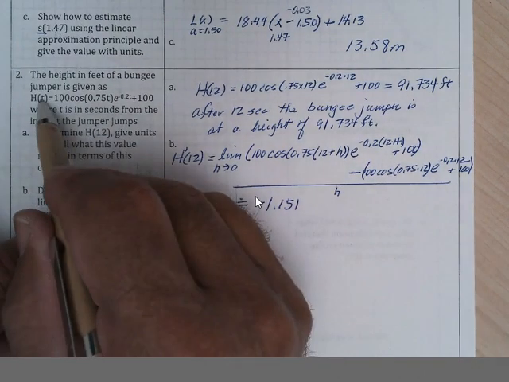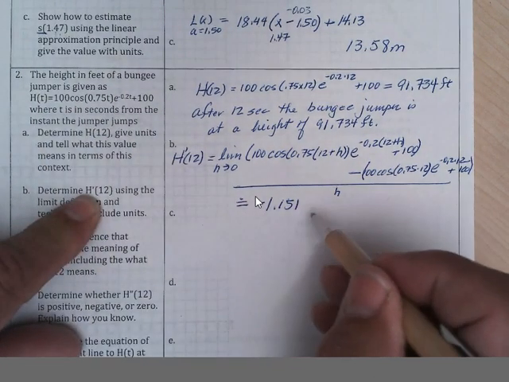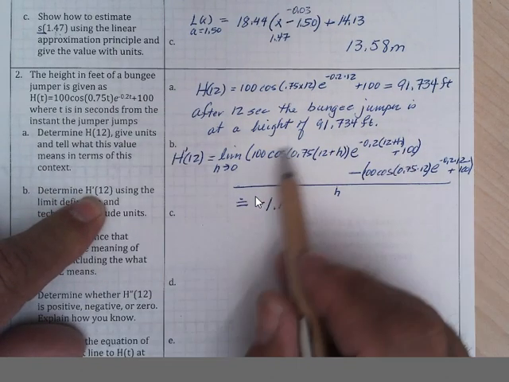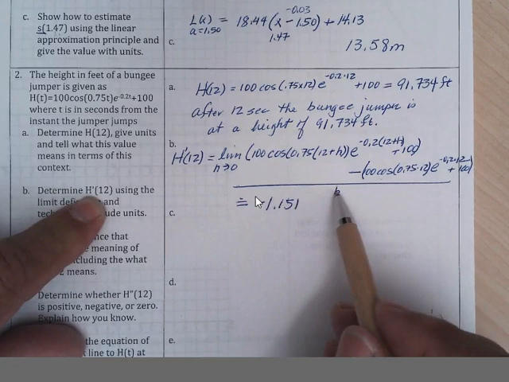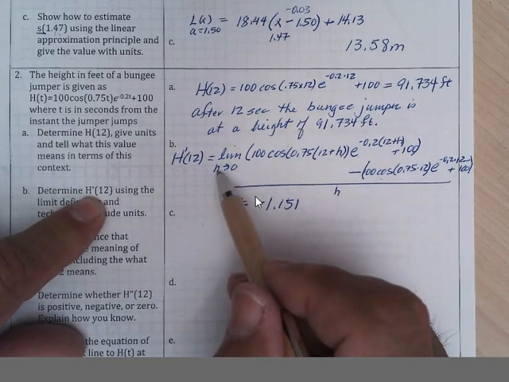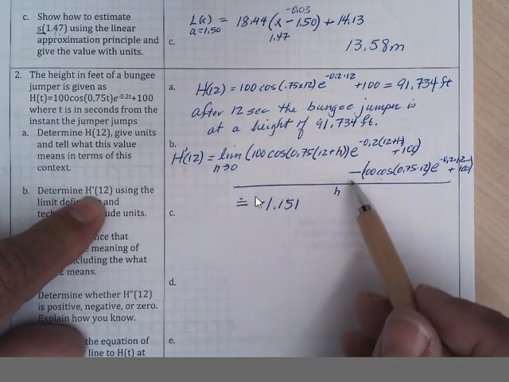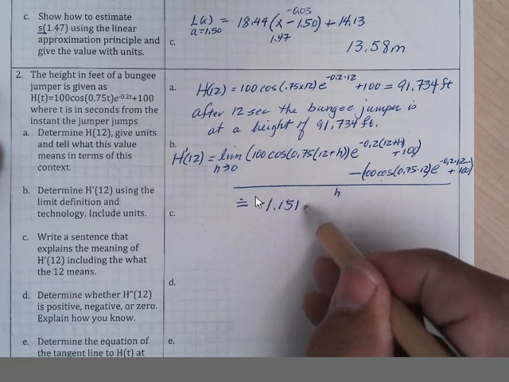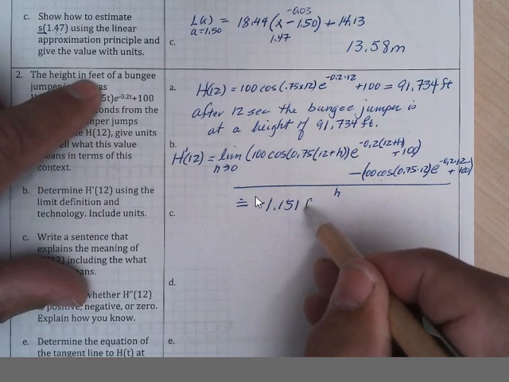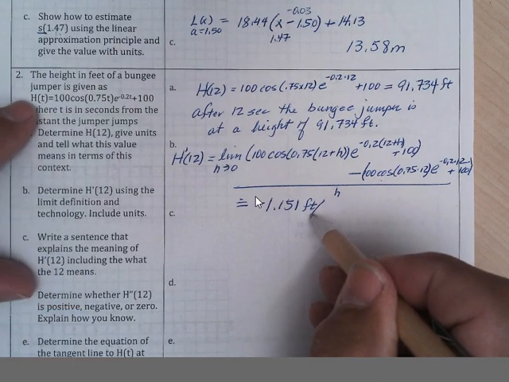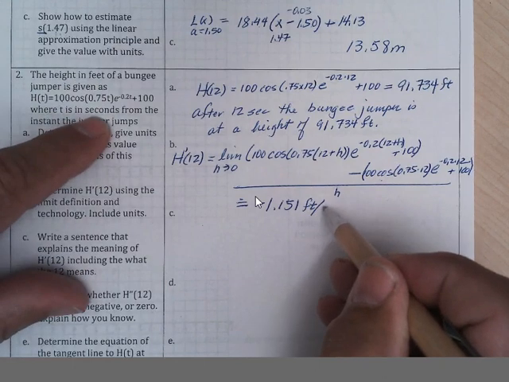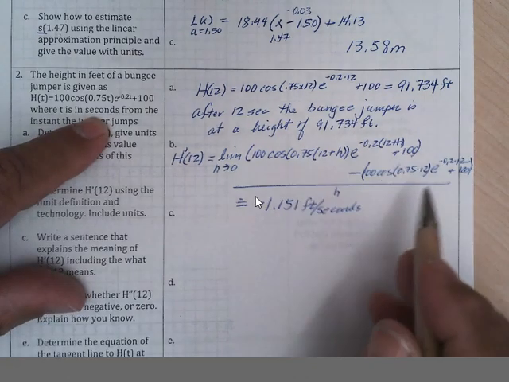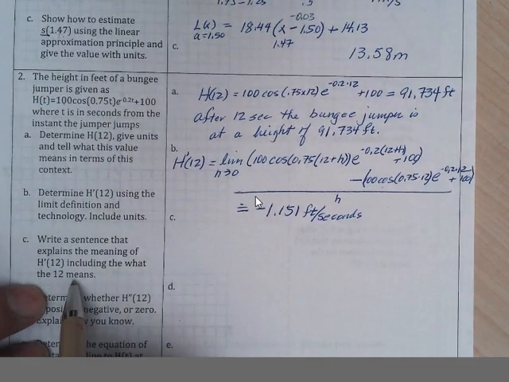So this is the derivative. The derivative of a distance graph is the velocity. Or if you will, this is the distance formula over, what this calculates, the change in distance over the change in time. The distance is in feet and the time is in seconds. Now, what sentence explains this meaning?